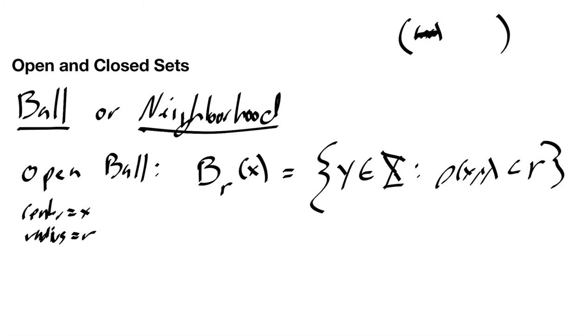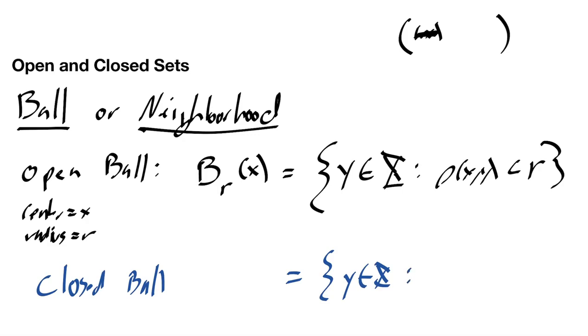And then we get the closed ball, which is the exact same thing, and it is just the set of all y in X such that rho of xy is less than or equal to r. And so, there's our ideas of an open and a closed ball.